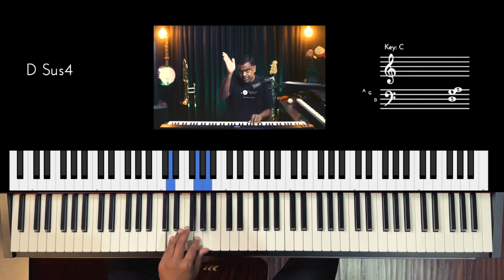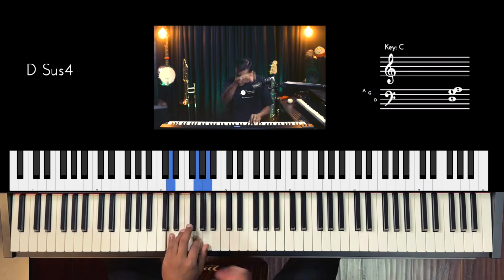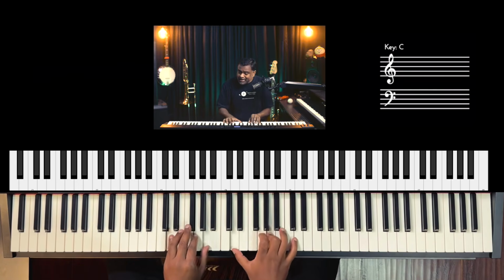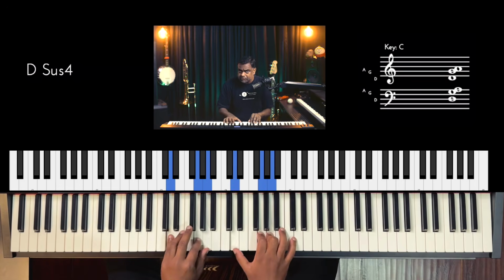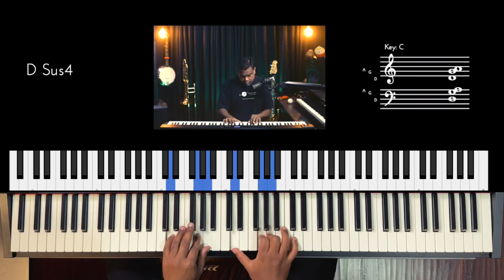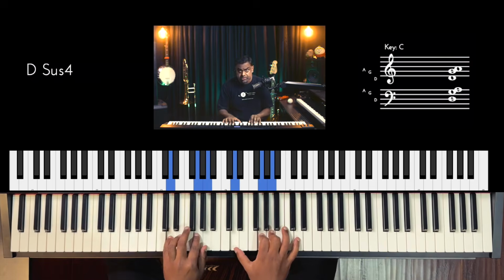So D is there, C, G, D. D, G will be a perfect fourth, while D, A would be a perfect fifth. Clockwise neighbor, perfect fifth. Counterclockwise neighbor, perfect fourth. Okay, so you combine a perfect fourth and a perfect fifth and you get a suspension.